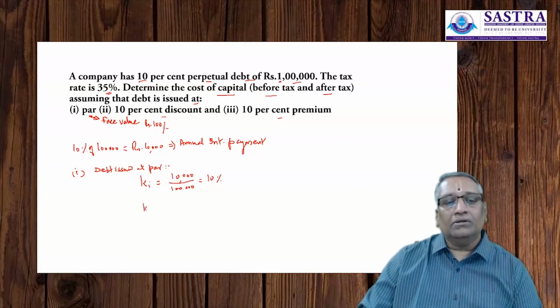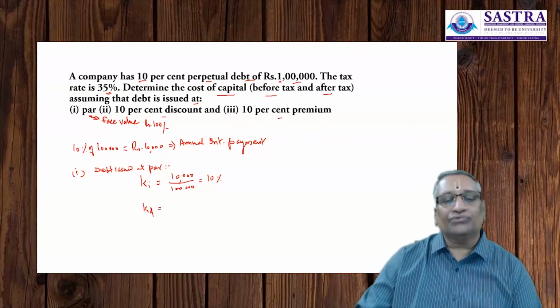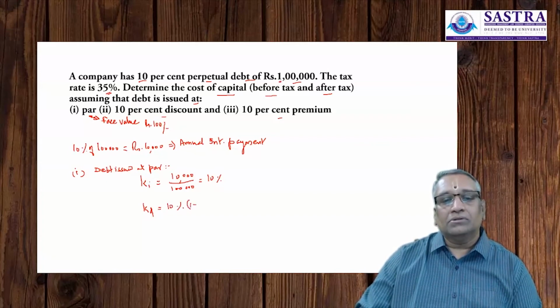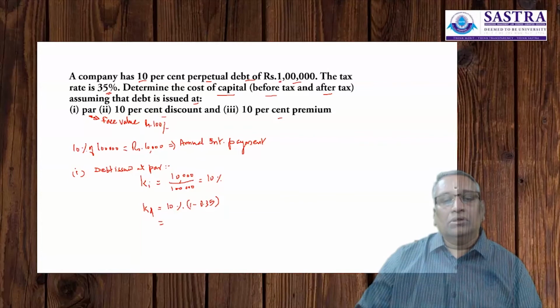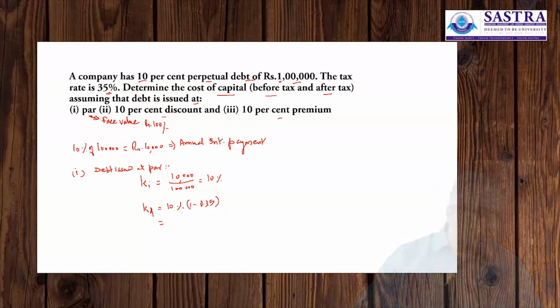And Kd, which is the tax adjusted effective cost of debt, will be 10% into 1 minus tax rate, 0.35. So it will be 6.5%.